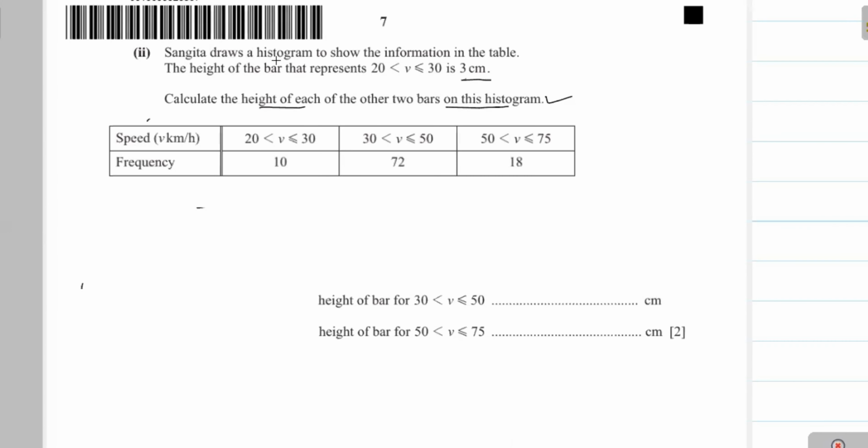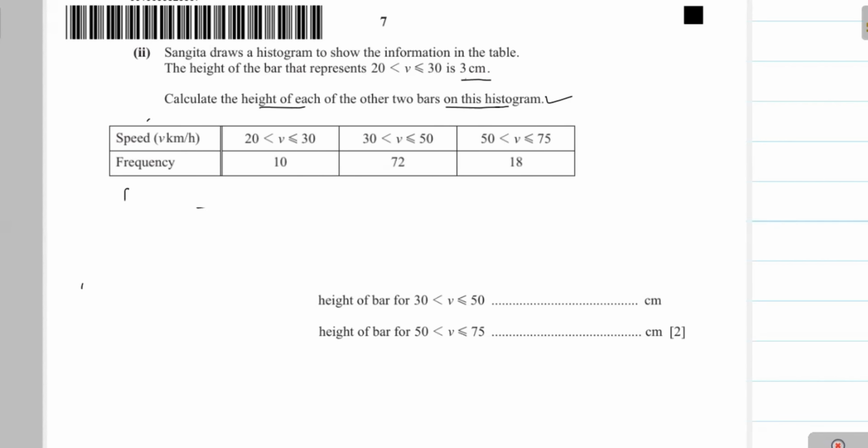Part second, Sangeeta draws a histogram to show this information. In the table, the height that represents 20 to 30 is 3 centimeters. Calculate the height of the other two bars in the histogram. To calculate the height of the bar on the histogram, firstly we will calculate the frequency density, because the histogram is a graph between class interval and frequency density.